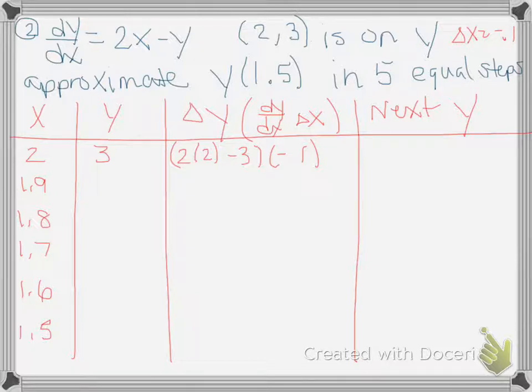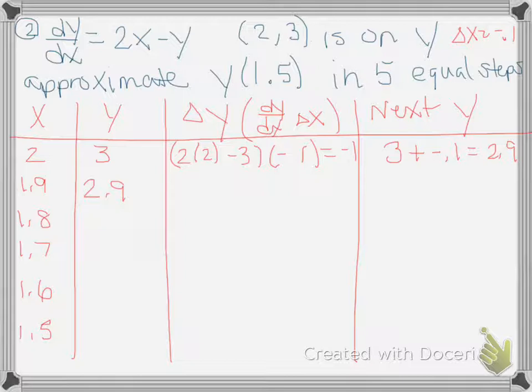That's going to give us negative 0.1 when we simplify that. There we go. And then we're going to take 3 plus our negative 0.1. And yeah, you can totally write that as 3 minus, but we're going to get 2.9. Bring it on down here, 2.9. Okay? And we repeat.